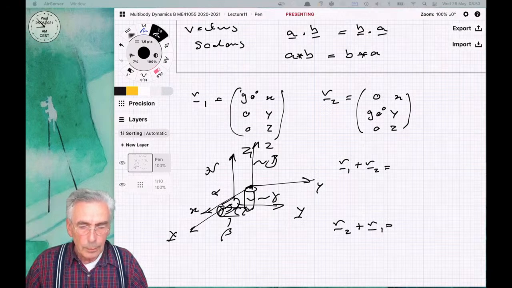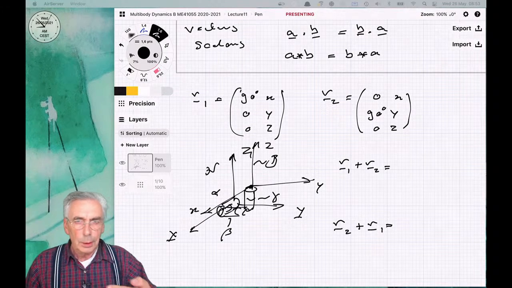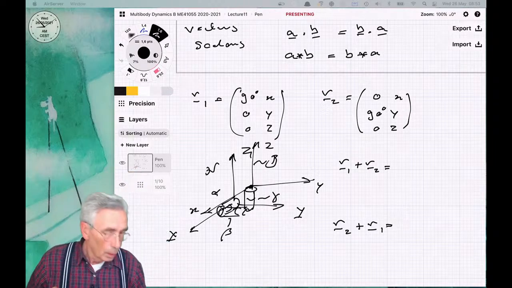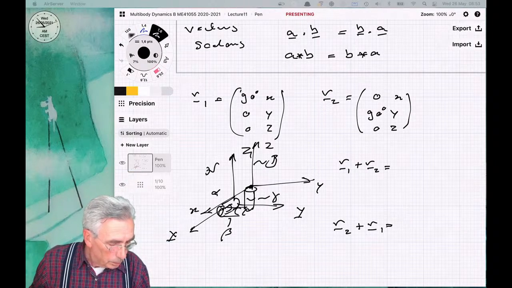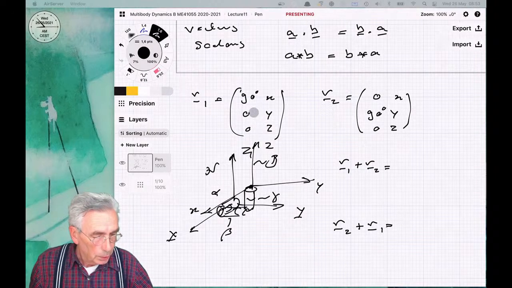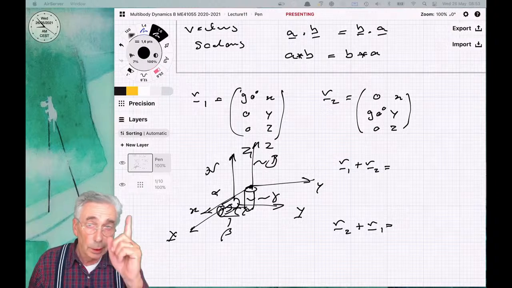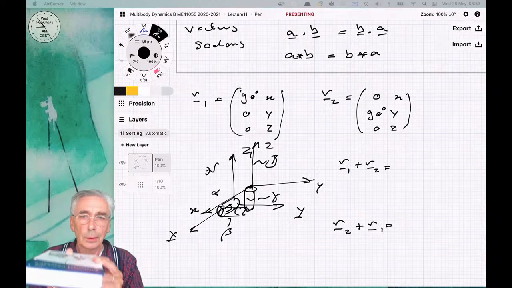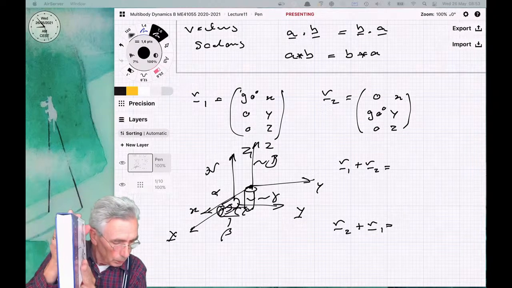Okay, x, y, z. Now what am I going to do? I'm going to rotate. And I have these two rotations, R1 and R2. So first I'm going to do a very simple Euler angle where there's only one rotation. That's about the x-axis, right? 90 degrees. So that's super simple.